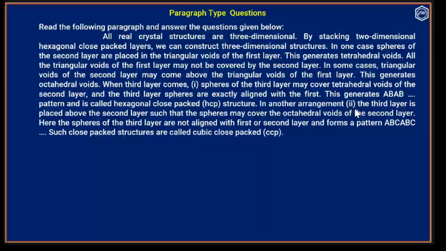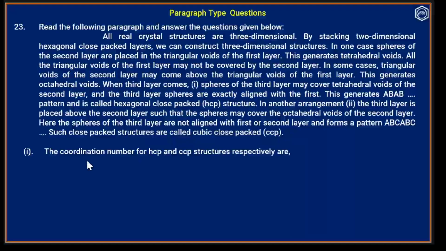In another arrangement, the third layer is placed above the second layer such that the spheres cover the octahedral voids of the second layer. Here the spheres of the third layer are not aligned with the first or second layer and form a pattern ABCABC. Such close-packed structures are called cubic close-packed structures.